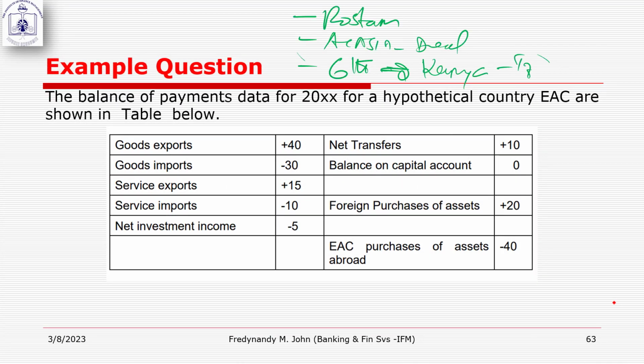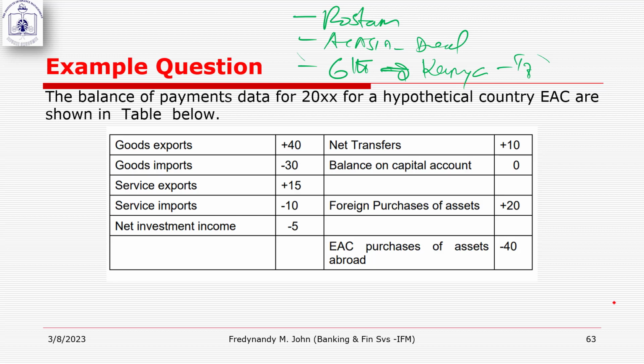Now, let's finish by looking at this question here. The question reads: the balance of payment data for year 20,000 for a hypothetical country EAC are shown in the table below.